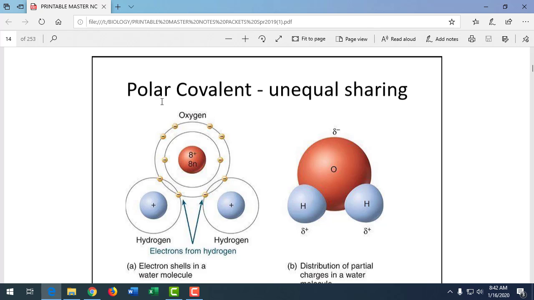And how many does hydrogen have? 1. So when elemental oxygen comes near hydrogen in the environment, how many does hydrogen need to fill its outer energy level? It needs 2.